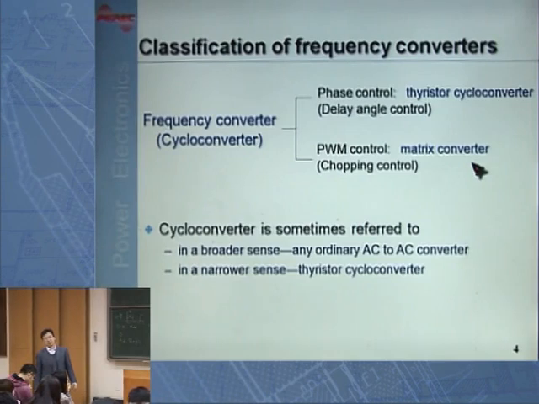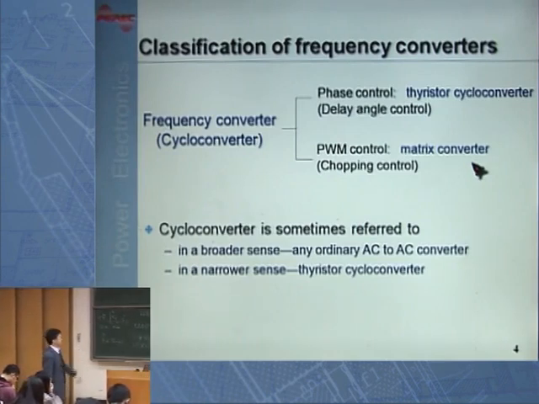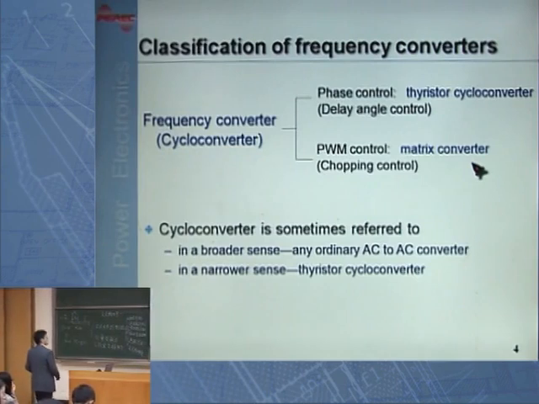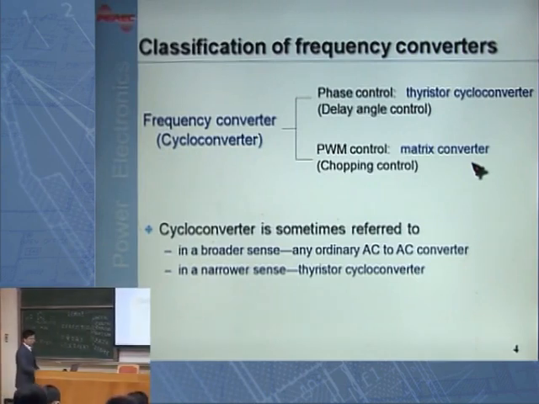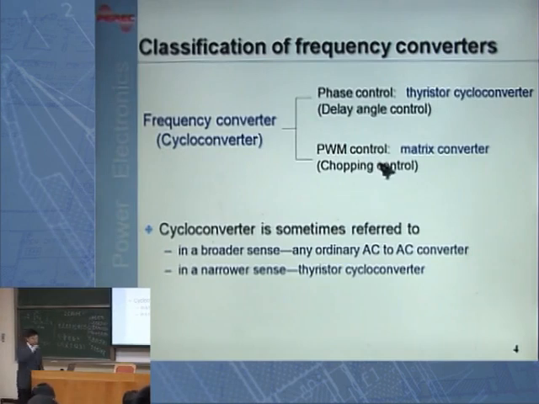And for this type, we have usually used two different control methods. One is phase control, the other one is PWM control. And we do have a separate individual special name for these two types of controlled frequency converter or cyclic converter.